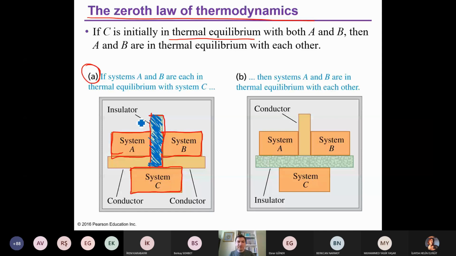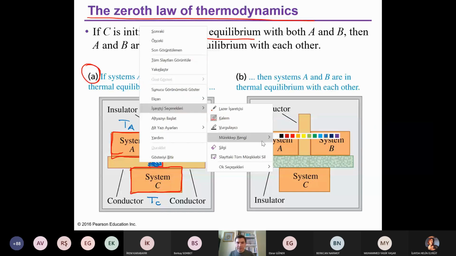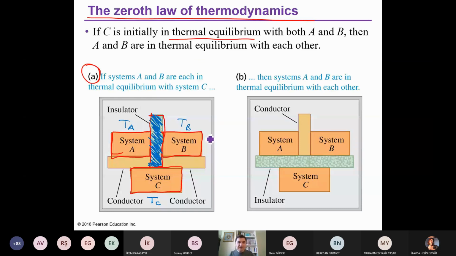This system has certain temperature, TA. This system has certain temperature, TB on the right side, and system C has also certain temperature. And here, let me use another color, we have thermal conductor. Between system A and system C, we have thermal conductor.